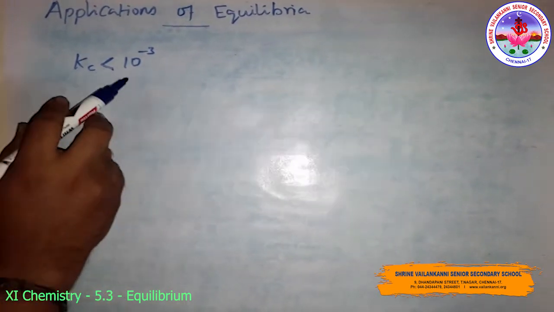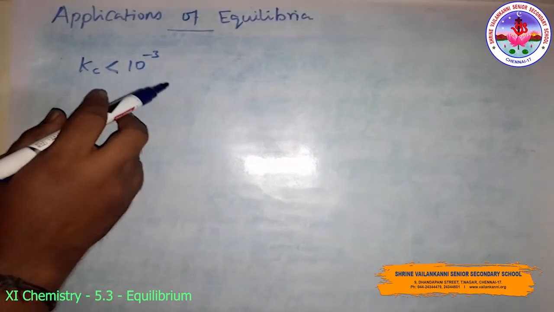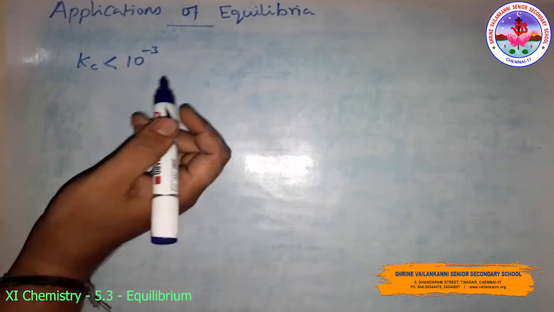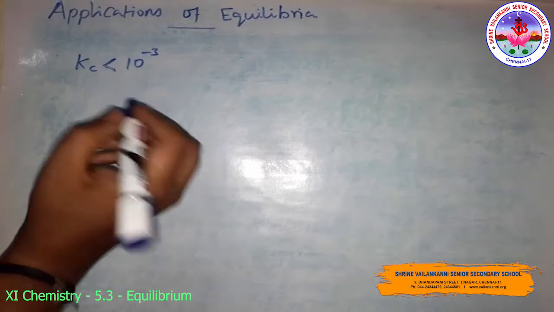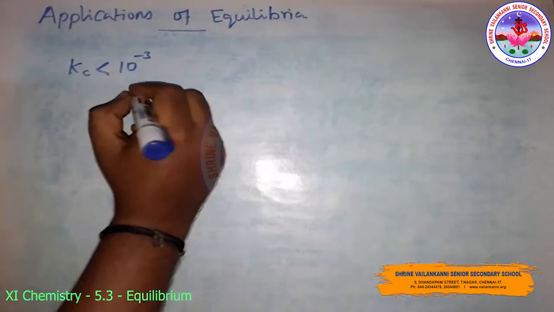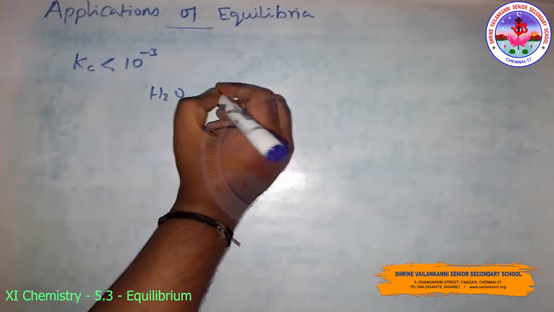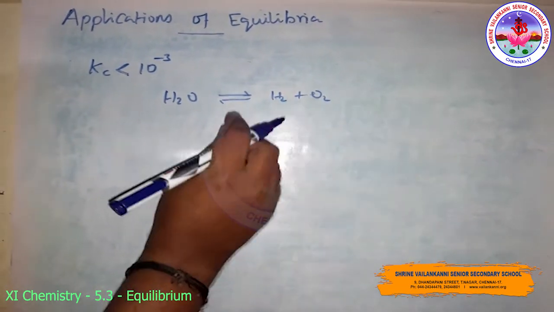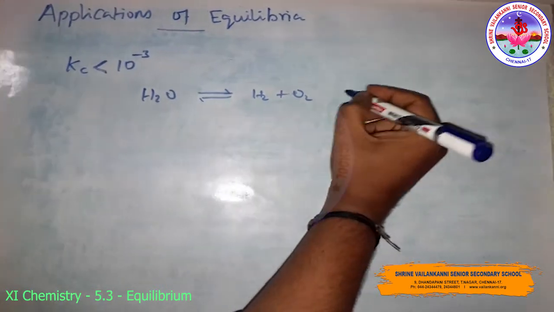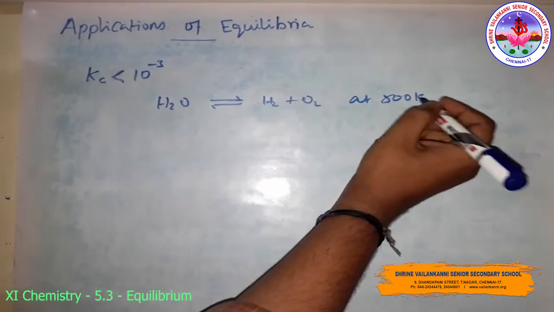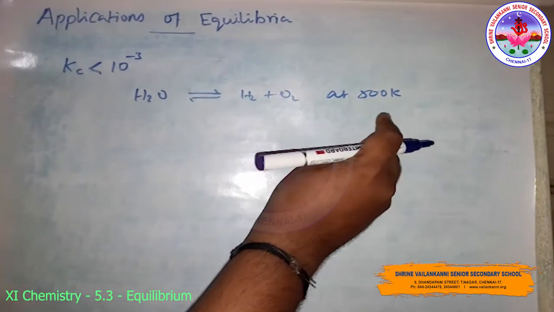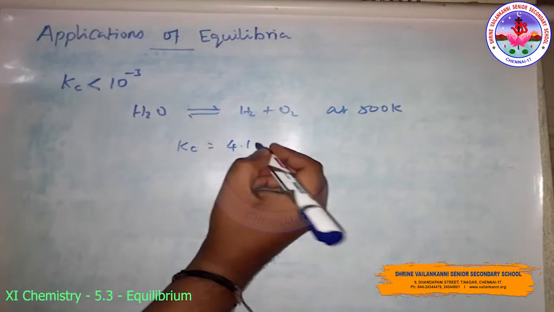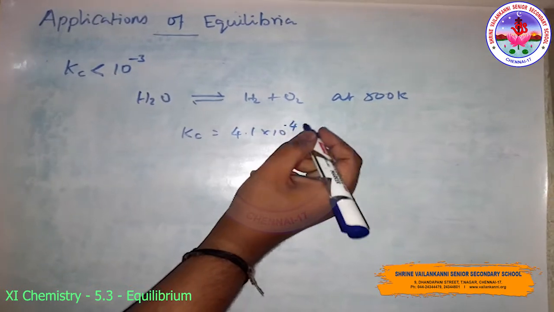The reaction proceeds only rarely. An example is H2O decomposing to H2 and O2 at 500 Kelvin, which is a very small equilibrium. Here the Kc value is 4.1 × 10^-48.